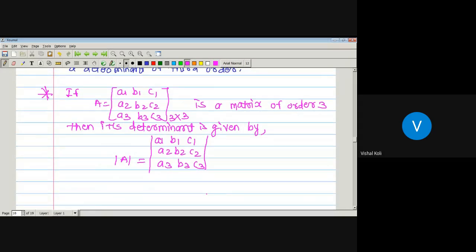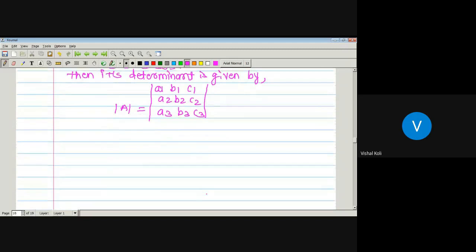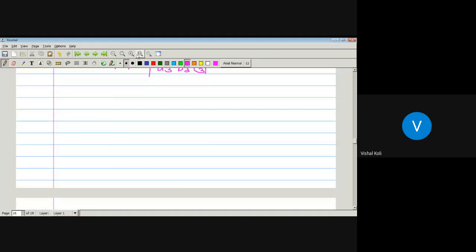Okay, now let us see what is the actual difference between a matrix and a determinant.